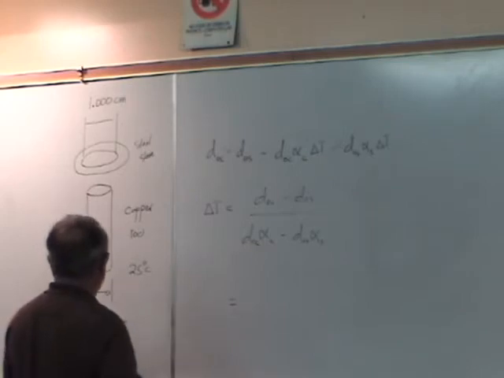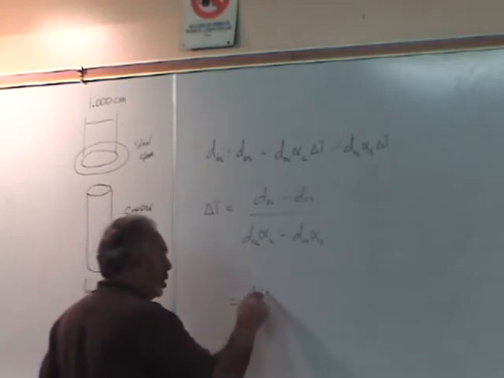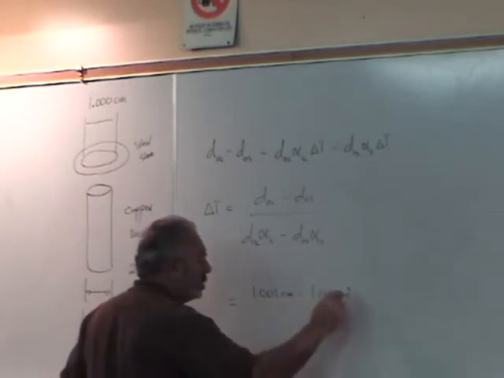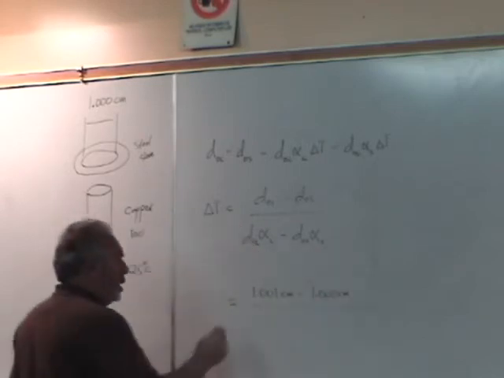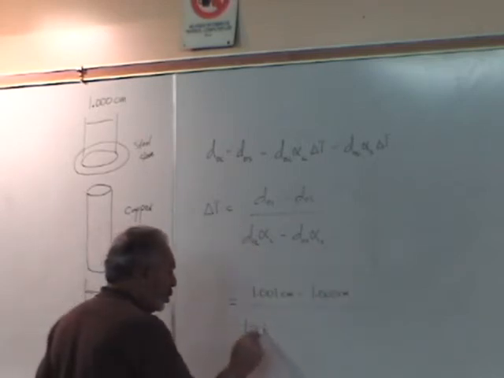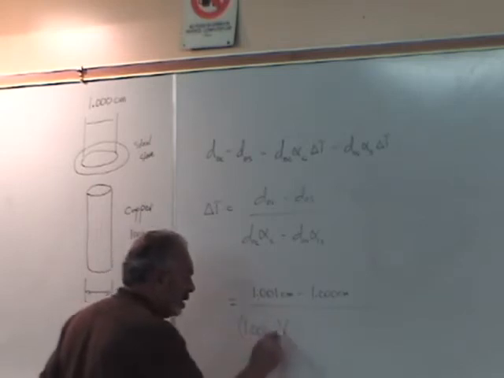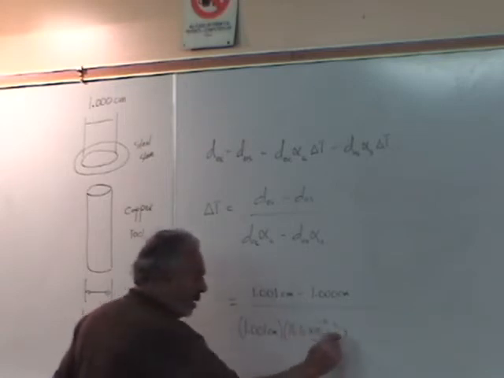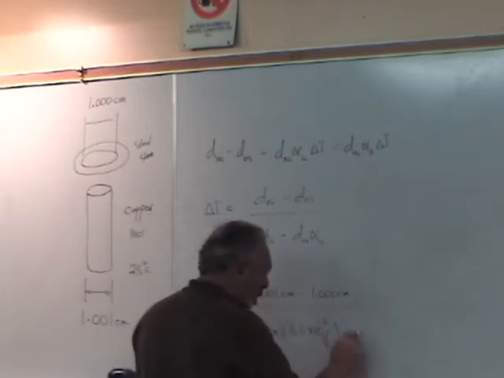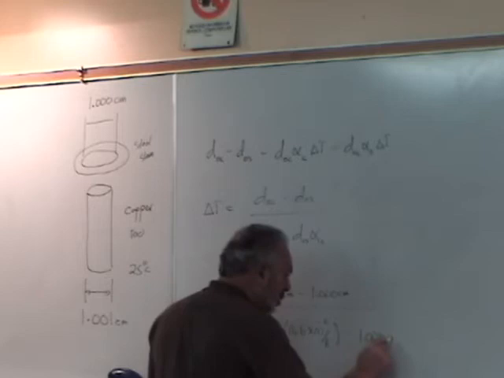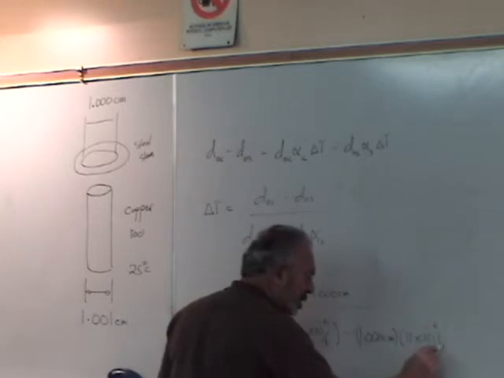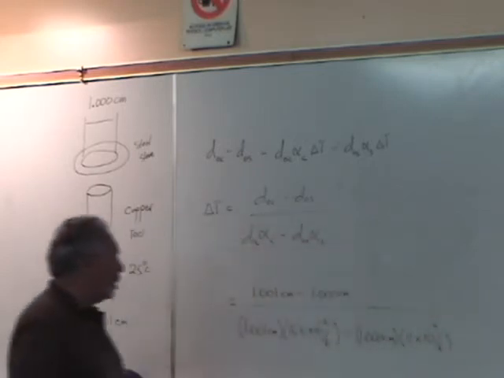So D naught copper is 1.001 centimeters, D naught steel is 1.000 centimeters, just to make the point, and 1.001 centimeters times 16.6 times 10 to the minus 6 per Kelvin, minus 1.000 centimeters, again just to make the point, times 11 times 10 to the minus 6 per Kelvin.